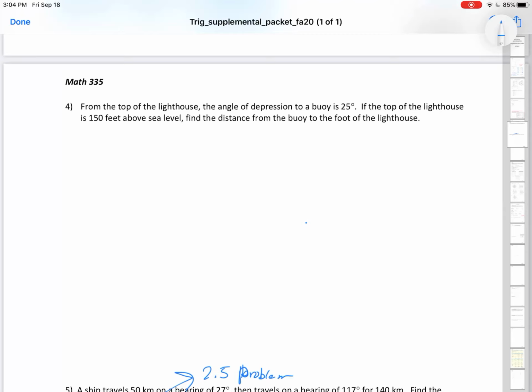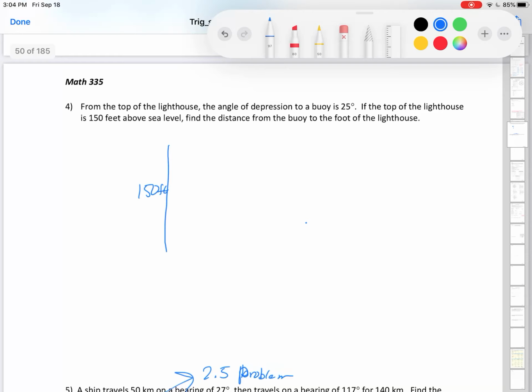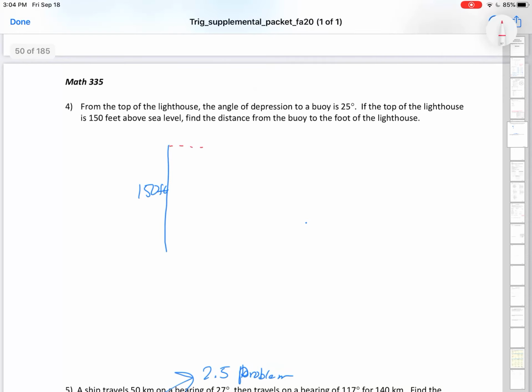So from the top of a lighthouse, the angle of depression to a buoy is 25 degrees. If the lighthouse is 150 feet above sea level, okay, so here's 150 feet, and the angle of depression, let me come in here with another color. There's my horizontal.